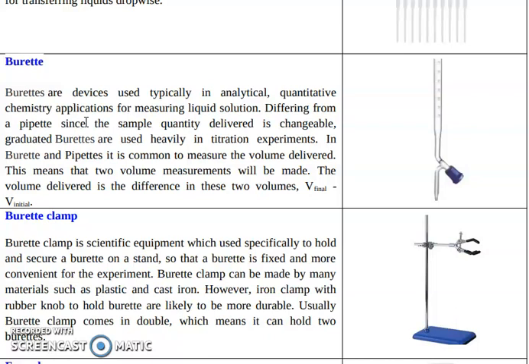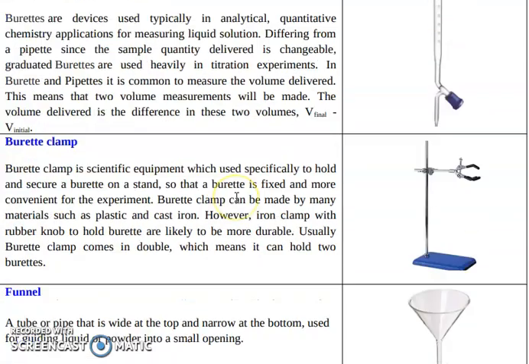Graduated burettes are used heavily in titration experiments. In burette and pipette, it is common to measure the volume delivered. This means that two volume measurements will be made. The volume delivered is the difference in these two volumes. So V final and V initial.